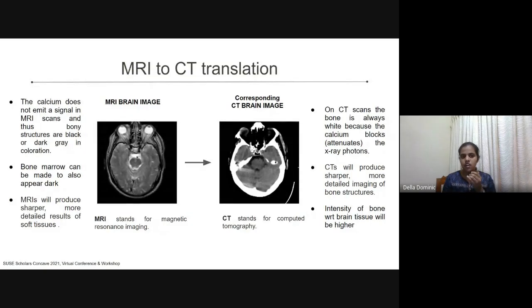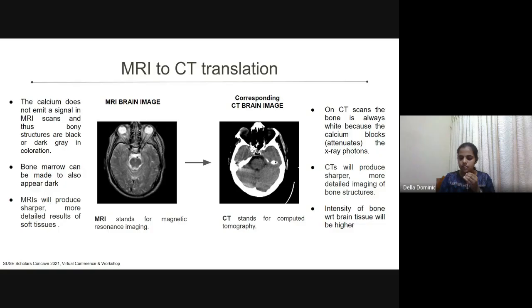They appear dark or black in color. As against that, a CT image will give detailed imaging of bony structures. They will be lighter or brighter in color, as against soft tissues, which will not be much detailed, and they will be either light gray in color or dark in color.